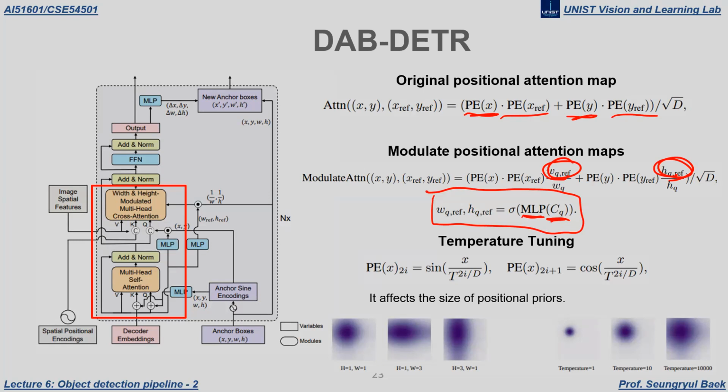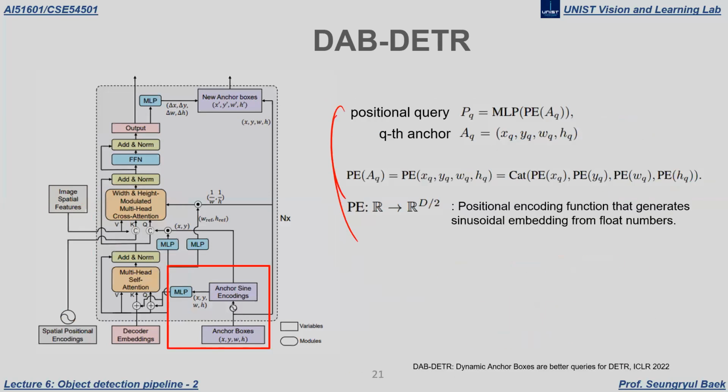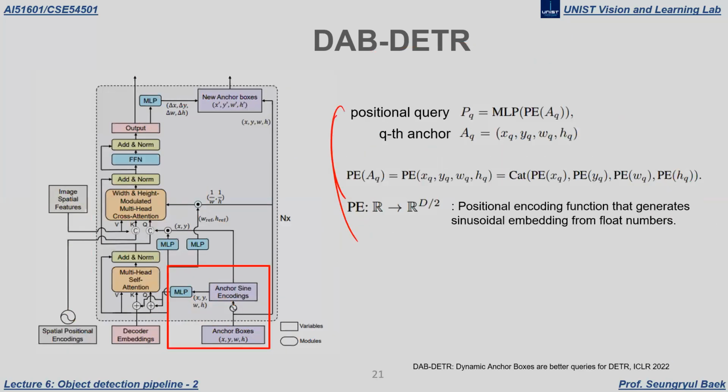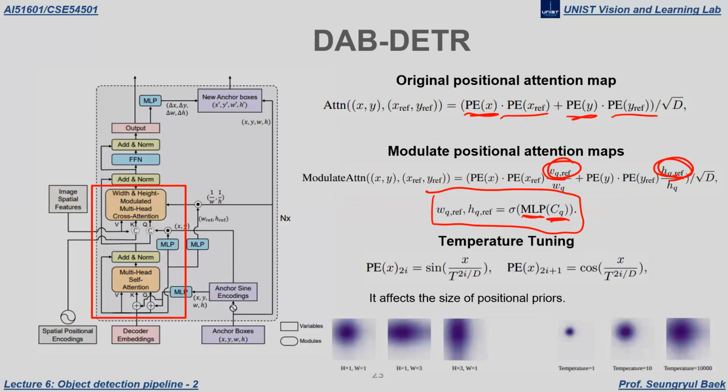Previously in conditional DTR, attentions were in a square or circle manner, but Depth DTR has different width and height in attention.